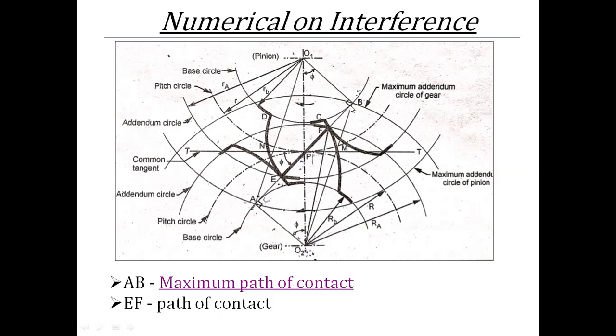The maximum limit of F is up to B, but when F moves inside the base circle, this point F of the profile of the gear starts undercutting the root face of the pinion, and the involute profile will become non-involute. So the tip of that gear tooth undercuts the root circle and starts digging the involute surface of that pinion.